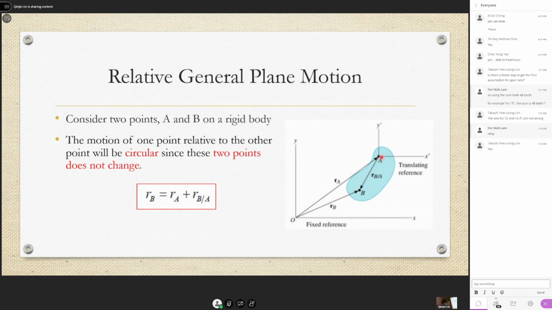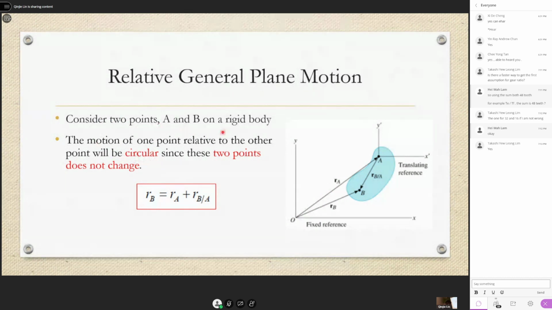If you have point A and point B, these are the position vectors from a fixed reference, which is somewhere else. This r_A is a position vector, and this is r_B. This is r_B relative to A. Remember when we studied relative velocity, it's actually similar. So this is the equation that describes it.